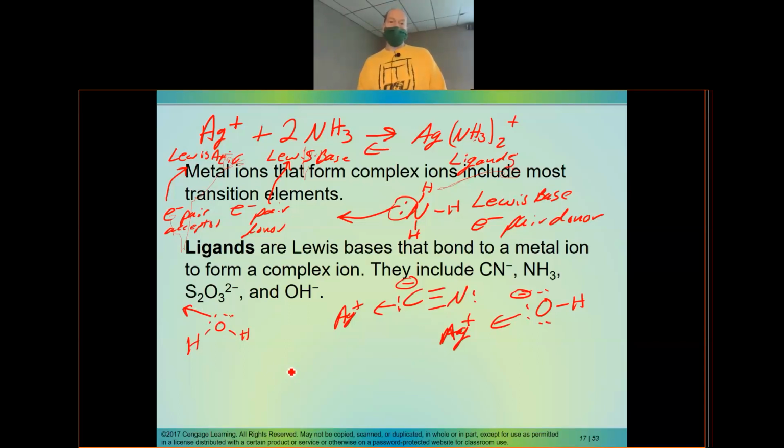If you draw the Lewis structure of BH3, this is the Lewis structure of BH3. There is no electron pair. If you do not have an electron pair, it cannot be a Lewis base.